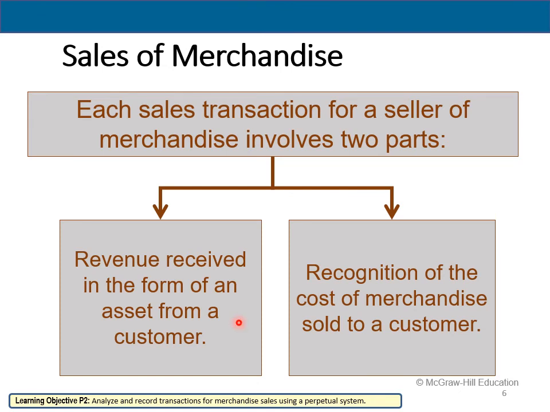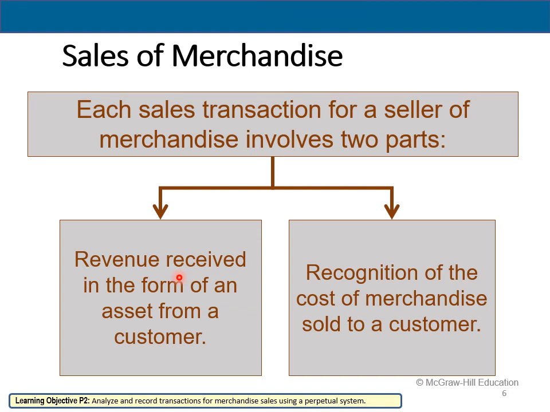So one thing to keep in mind is that when merchandise is sold, there are 2 journal entries to record instead of just 1. The first is your revenue transaction. This commonly takes one of 2 forms. If it's a cash sale, obviously you debit cash, credit sales revenue.